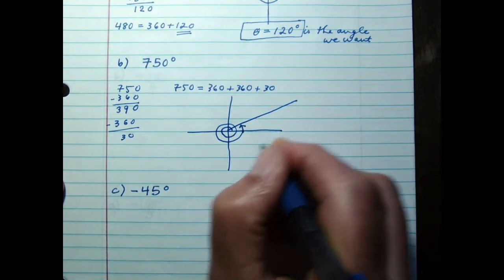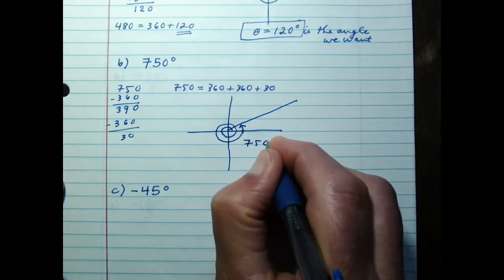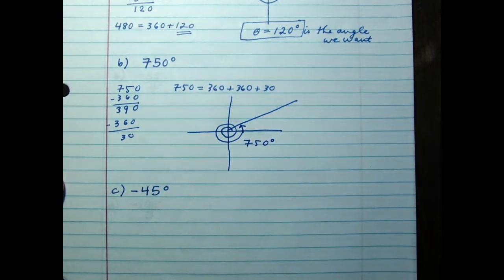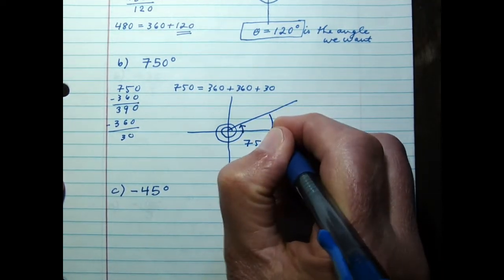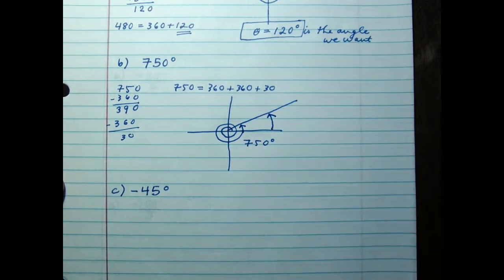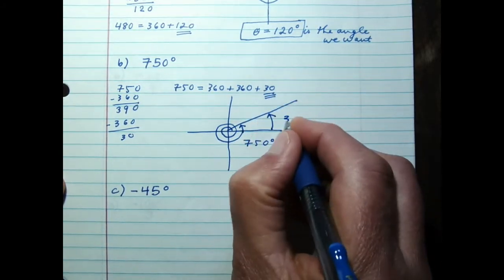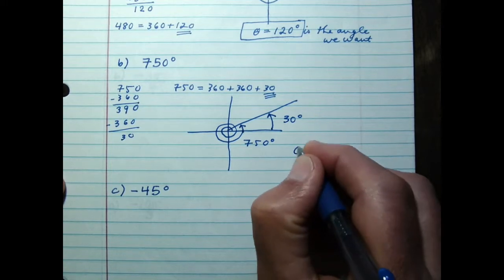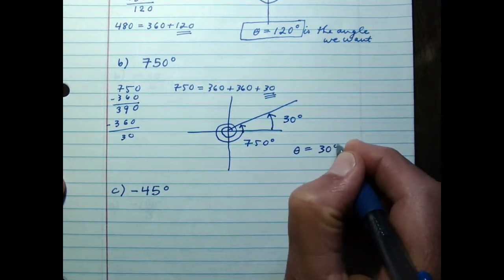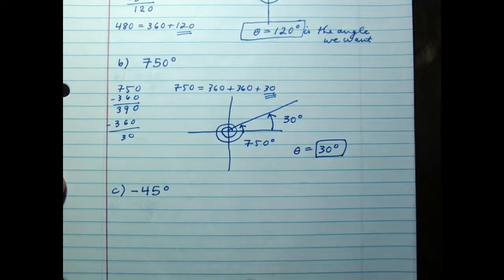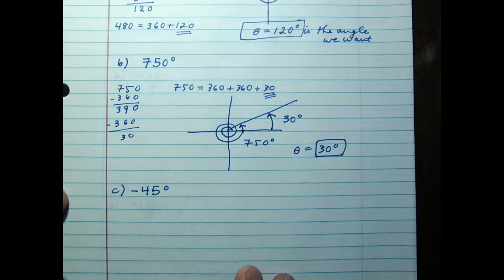So there's 750 degrees. But the angle we want is this one right there. The angle that's between 0 and 360, coterminal, and we saw it from our calculation, that's 30 degrees. So theta equals 30 degrees is the coterminal angle that we're looking for.